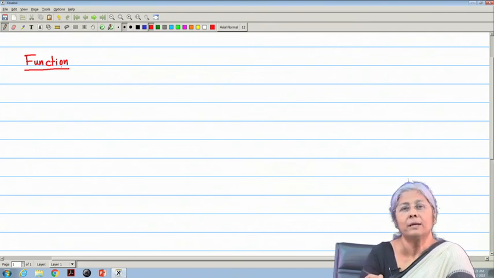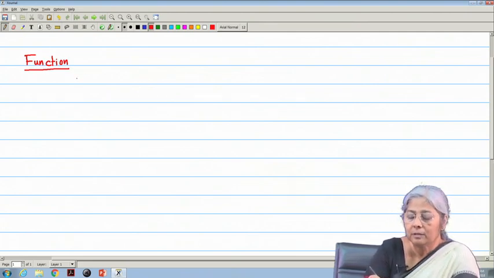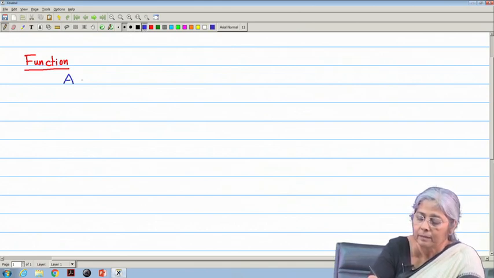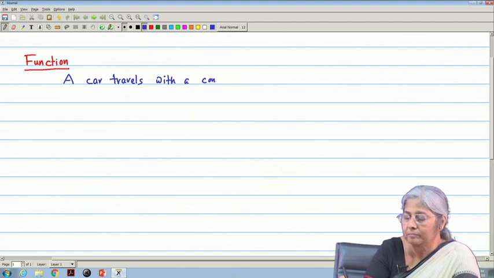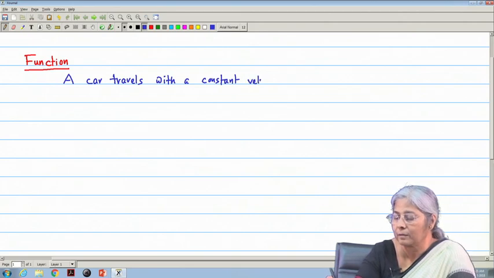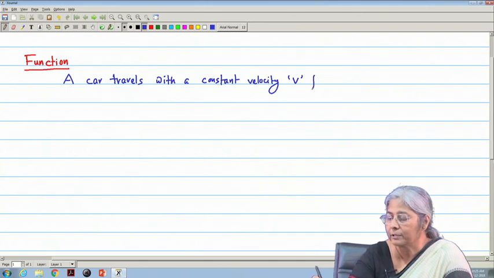So, with a very simple example, let a car travel with a constant velocity, say v, for a time t.